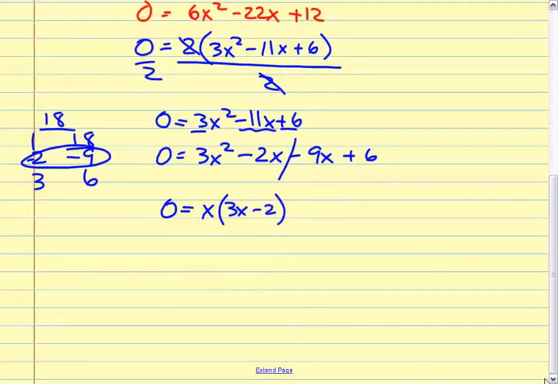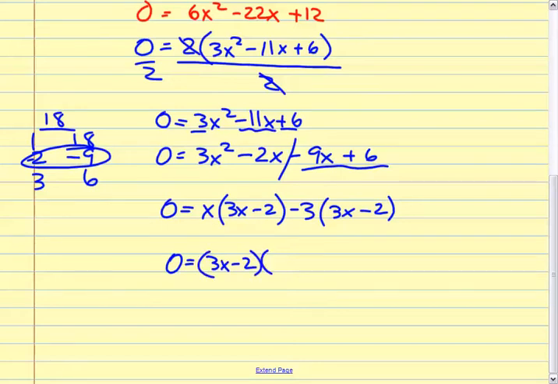And then for the next one, what should I pull out? Negative 3 times what? 3x minus 2, right? If I distribute it, I get this again. All right, so now both of these terms have a 3x minus 2 in them. We're going to pull that out, and that gives me 3x minus 2 times x minus 3. Good.